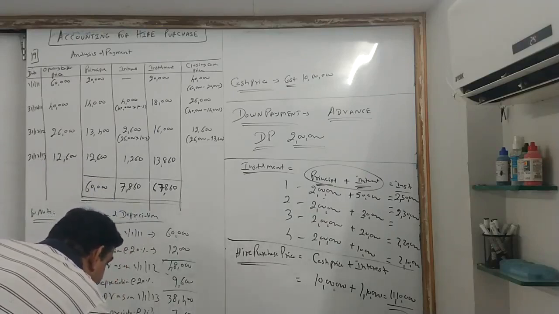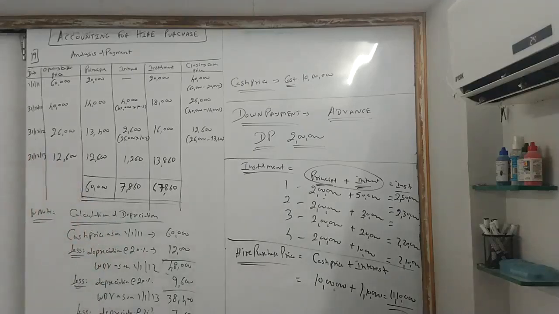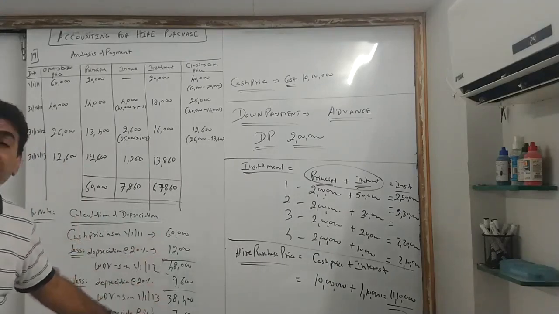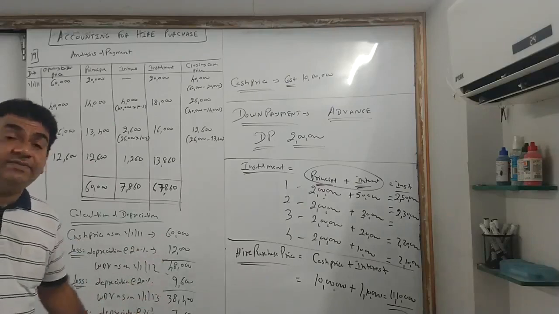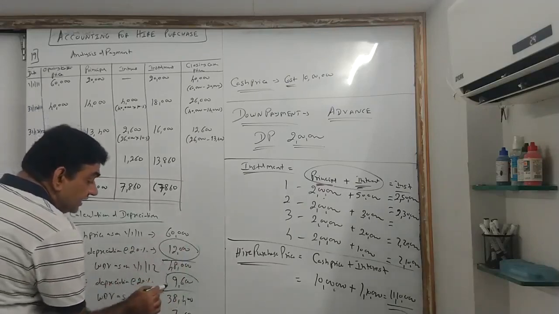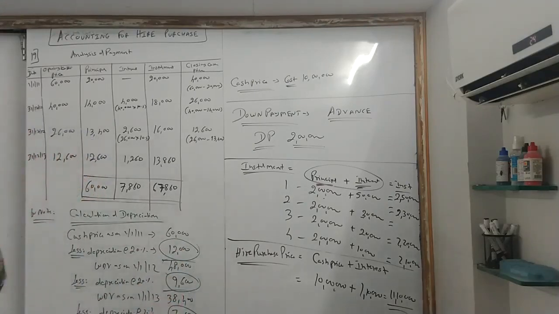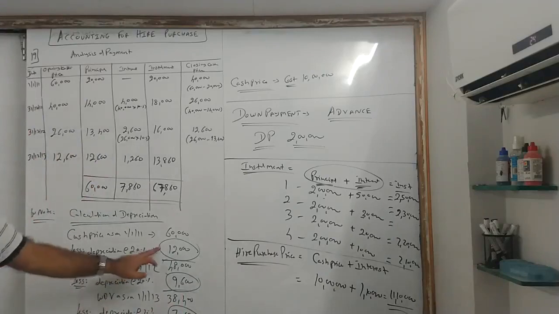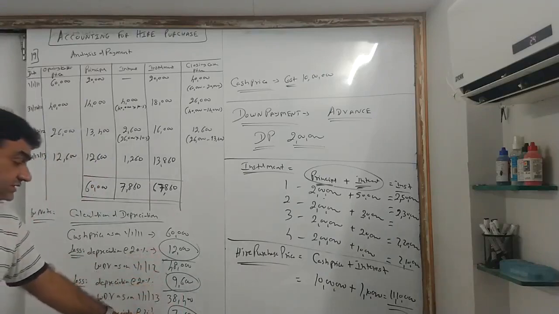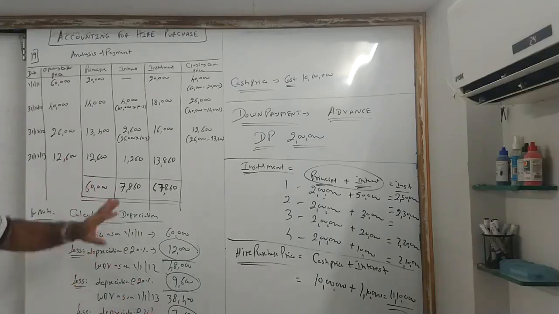So my WDV as on 1st Jan 14 is 30,720. Getting it? So every year it is 20% of the opening balance. So my first year's depreciation is 12,000, second year's 9,600, third year's 7,680. Now listen very carefully.